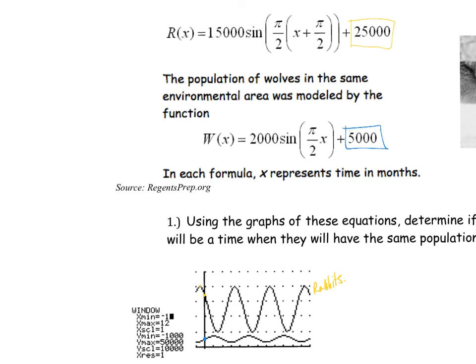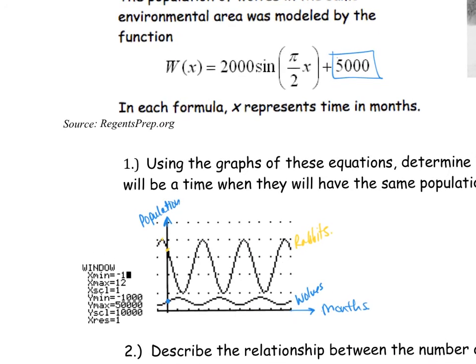So quite a few less wolves. And we can see that they never overlap. So if this is the total population on the x-axis, and then this is time in months, you can see that it's cyclic.